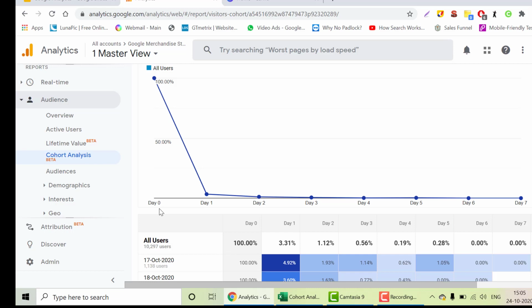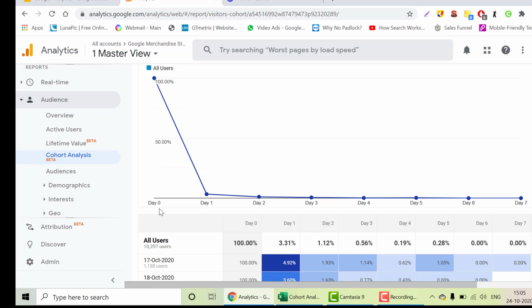In this particular example, as the screen is showing, we are considering all those users who are coming on the day zero, are they coming on the day one? And if they are, how many of them are coming on the day one, which is the very next day to the day zero? And how many of them are coming on the day two? And how many of them are coming subsequently on the day three?